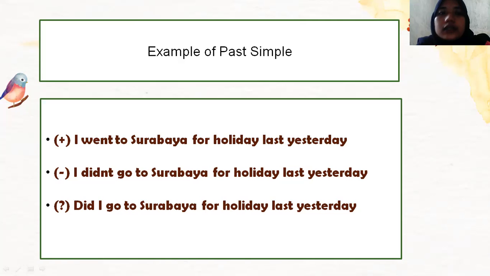I went. And for the negative, we use I didn't and come back to verb 1: I didn't go to Surabaya for holiday yesterday. For the interrogative: did I go to Surabaya for holiday yesterday?